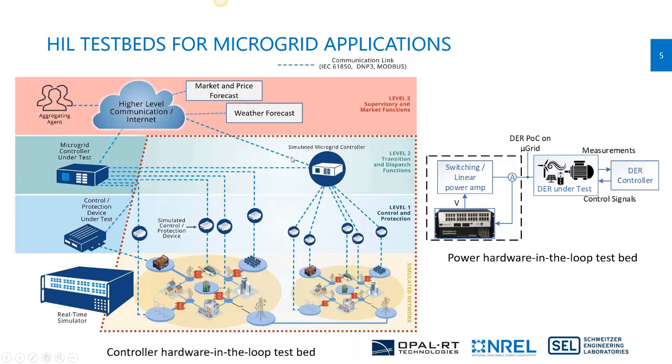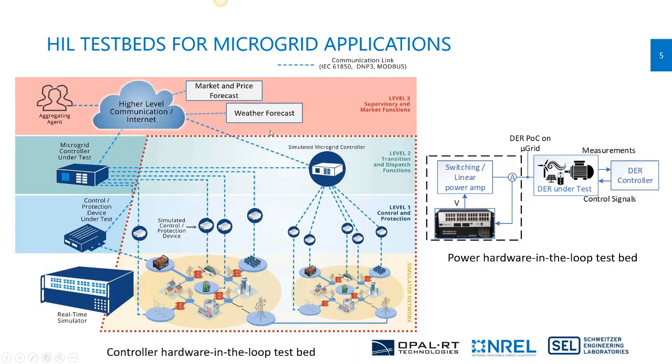Then you can also test level 2 functions, which include the transition handling of a microgrid by a microgrid controller and the energy dispatch function. Again, you could have a simulated microgrid controller or an actual microgrid controller that connects to the real-time simulator and then controls each individual asset and DER on the microgrid.